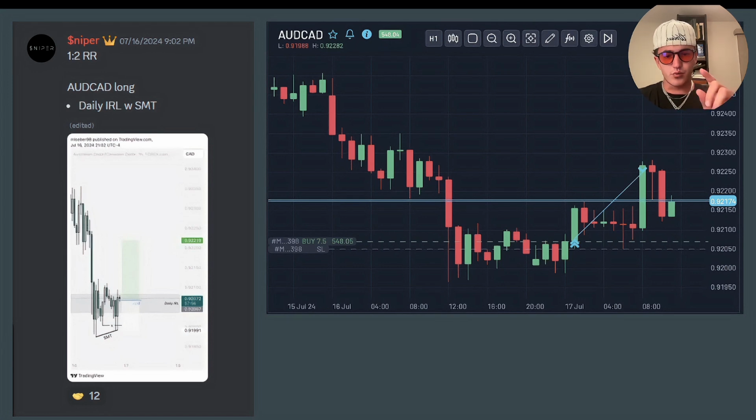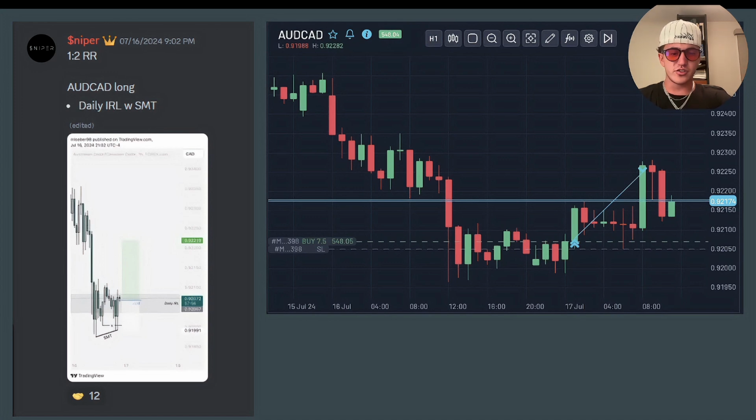Step 1, price needs to reach an internal range liquidity pool. Step 2, price needs to have SMT divergence inside of that internal range liquidity pool. And then steps 1 and 2 are your foundations to then waiting to go to your execution time frame, because if steps 1 and 2 don't happen, you don't do anything. So if steps 1 and 2 happen, you can then drop to your execution aligned time frame and wait for that change in state of delivery.